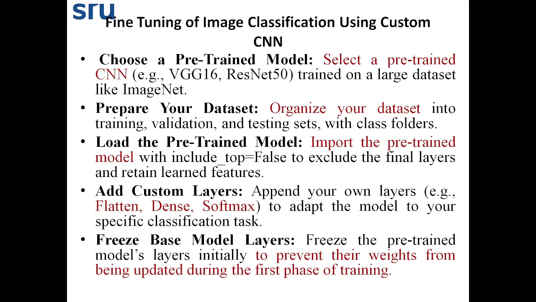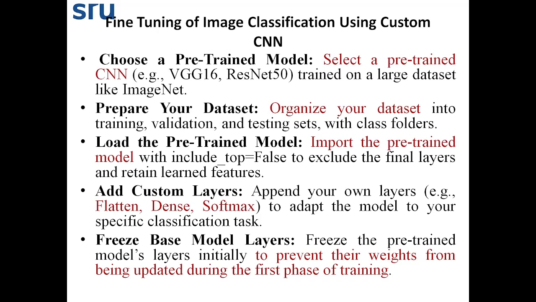Fine tuning for image classification using custom CNNs. What we have to do here? Choose a pre-trained model. Pre-trained models like VGG 16, ResNet 50 are trained on large data sets like ImageNet.